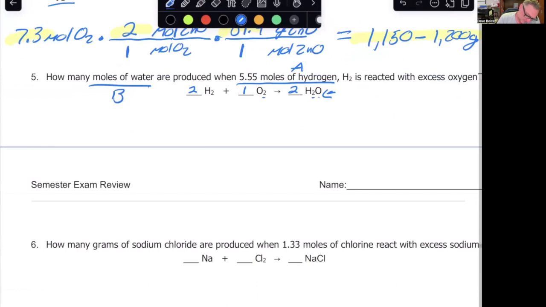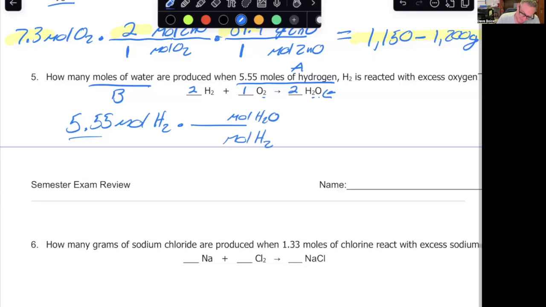So let's start with my given measured quantity, my starting block, my 5.55. And again, this number doesn't really matter to me until it's time to do math, because no matter what number is there, this conversion would work for this formula. So moles of hydrogen, which is H2, to moles of water.